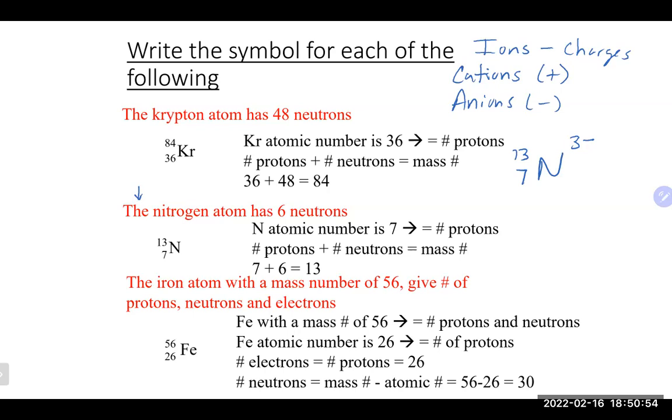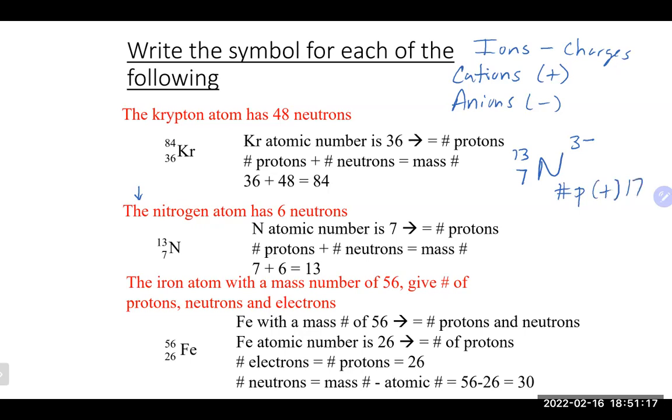And it is -3. So let's just start with the stuff we did before. The number of protons in this case is how many? Yeah, it's got to still be the same, right? Because if that changed, it would no longer be nitrogen. And obviously the atomic number is still 7. So the number of protons here is 7.